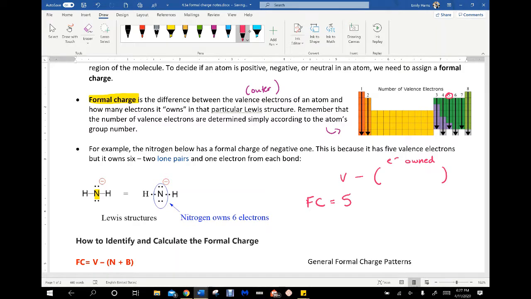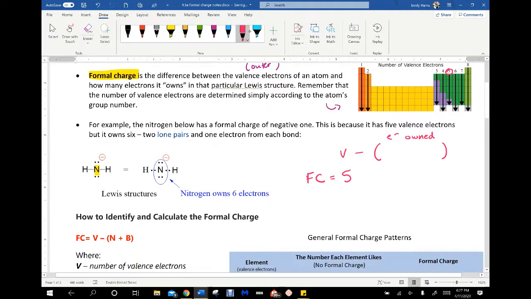The way you figure that out is by adding up the non-bonding lone pair electrons plus the number of bonds. That's this little formula here: the non-bonding electrons, aka the lone pairs, plus the number of bonds. So here I have 4 electrons in lone pairs plus 2 bonds.